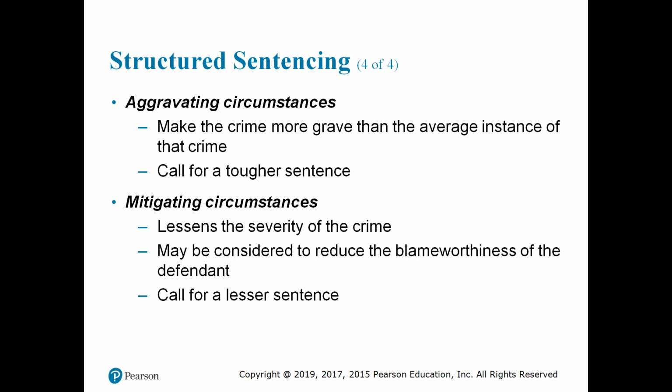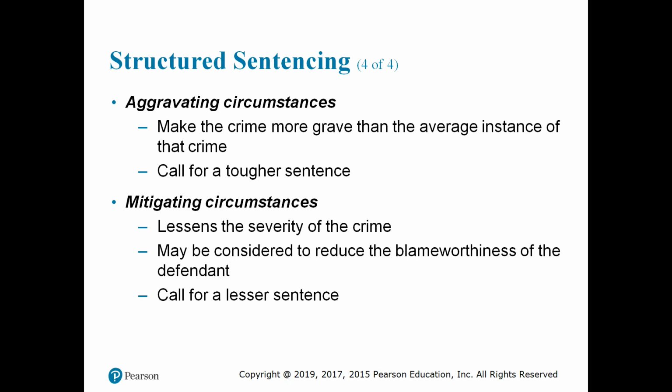So that would be an aggravating circumstance because it made the robbery worse. Didn't have to hit the guy in the head, but that's what happened. So when the judge goes to sentence this person after a conviction, instead of 2, 4, or 6 years, they will look at the upper term of 6 years because of that aggravating circumstance. If they hadn't hit the person in the head, maybe give them 2 or 4 years.